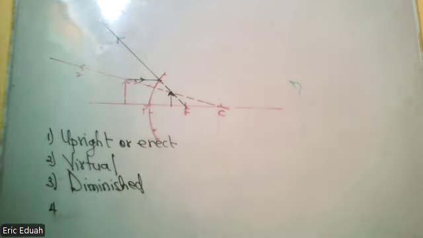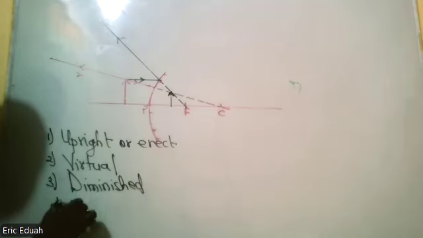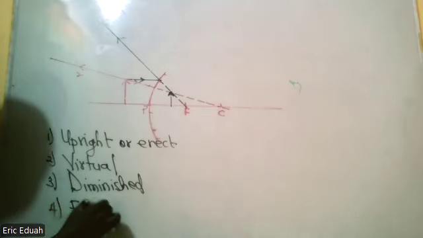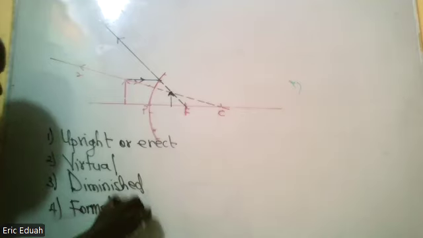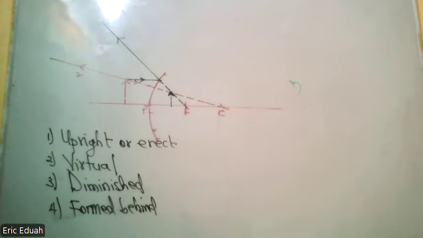And then what is the fourth description of this image formed? It is formed between P and F. So it is formed behind the mirror, or at the opposite side of the object.